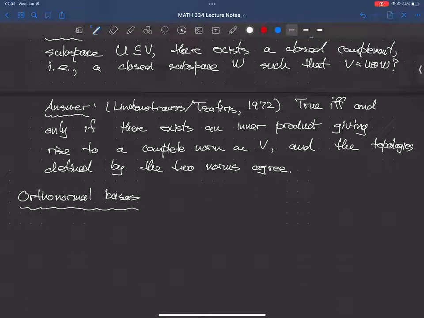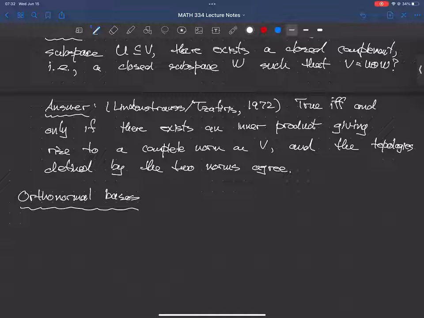Okay. All right, so there are a few notions that you have to define. Okay, so let's first start with the elementary things about what I mean by an orthonormal collection of vectors.